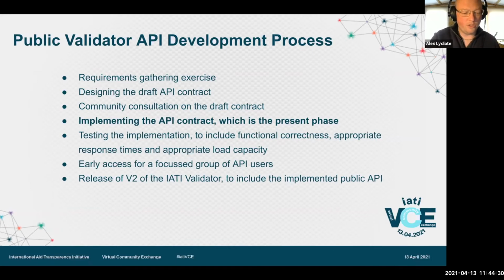Essentially, we identified two key requirements. The first of which was to provide what essentially the Validator version 1 does, but as an API. So for already published IATI documents, you'll be able to go to the API and say, please give me the validation report for these documents. And then the second requirement would be a way of validating your IATI document before you publish.